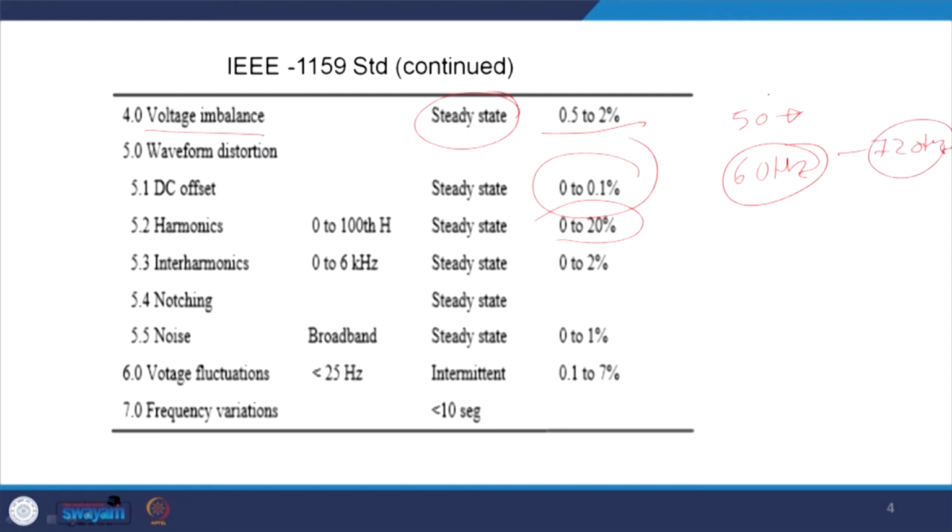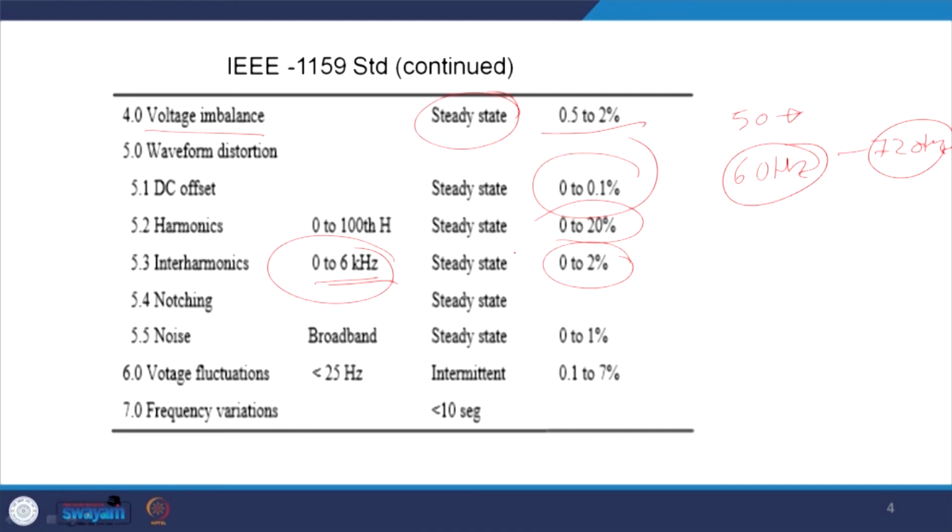But if you put this device in India, 720 will be an interharmonic. So, interharmonics should be in between the harmonics, 7.2 times, something like that.